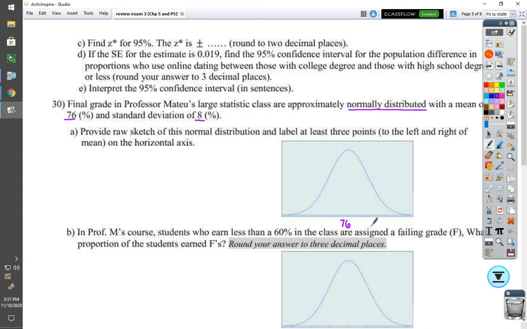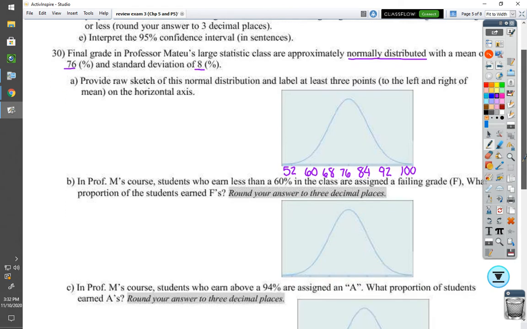It's going to go up by 8 on each side, at each standard deviation. So 84, 92, 100. From 76 going down, 68, 60, and down to 52. Boom, I got it. That's all I needed for that.